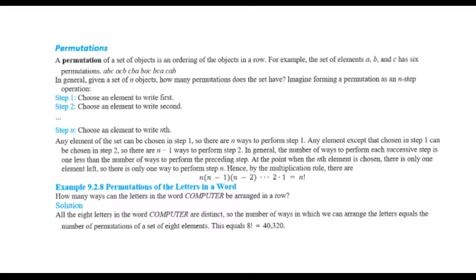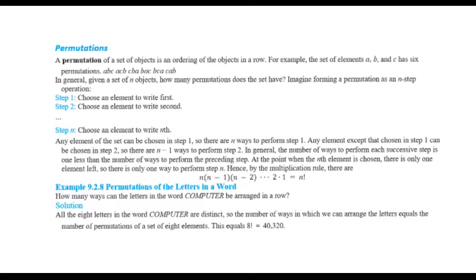So any element of the set can be chosen in the first step. So we have n ways to perform step number 1 because there is no restriction for choosing the first element. But after you choose the first element, that element cannot be chosen in any of the next steps.